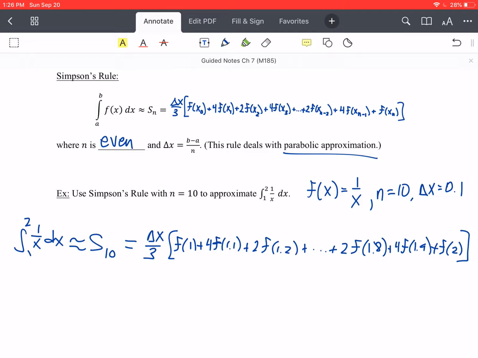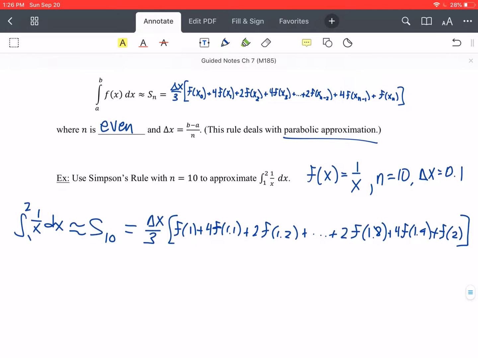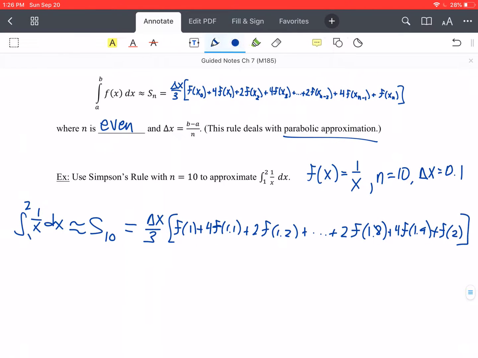As you can see with these approximate integrals, they can take up a lot of space, right? Particularly Simpson's rule, because we are using generally a larger number of rectangles, since it has to be an even number. So if we fill this in, that's going to be 0.1 over 3, which I'm not going to simplify right now because that would not work out cleanly. It would give you an infinite repeating decimal.